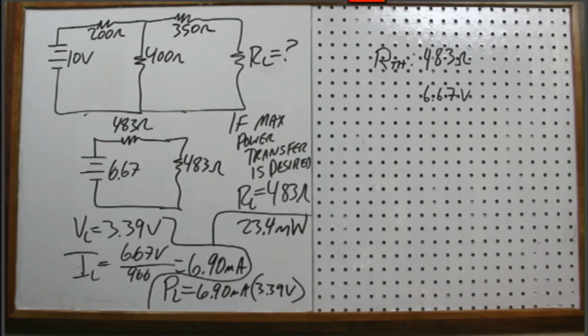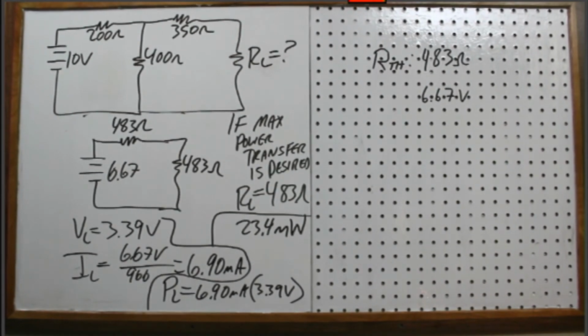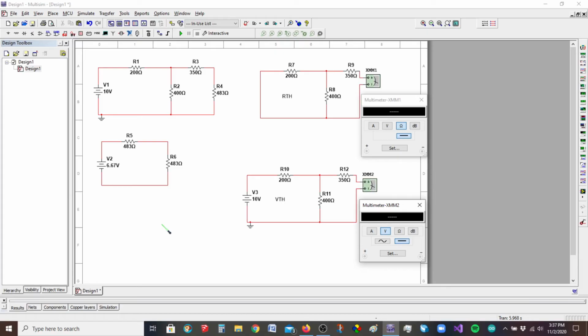All right, so let's consult Multisim and play with this for a minute. As you can see, I've got the original circuit right here, and I've got the 483 put in there for the maximum power. I also have the Thevenin equivalent circuit here that's got the RL load that we calculated. So this should produce the maximum power, right?